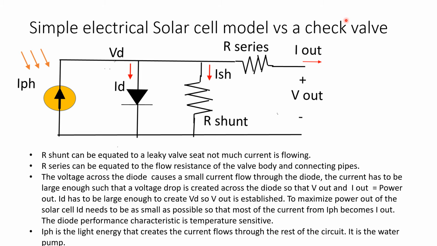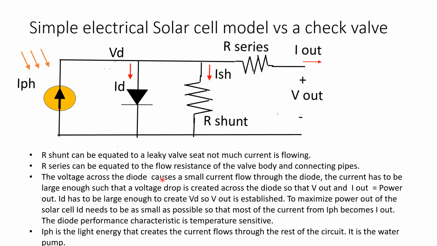R shunt, this resistor right here from positive to negative, this would be like the junction of a pipe here, is equivalent to leakage around the valve seat on a used check valve. R series can be equated to the flow resistance of the valve body and connecting pipes.